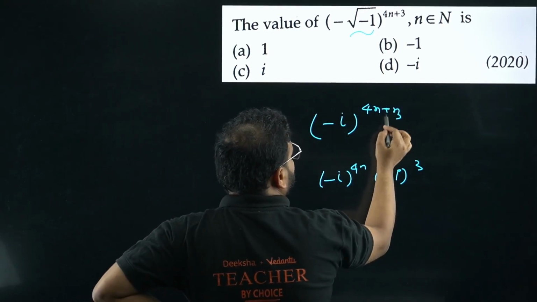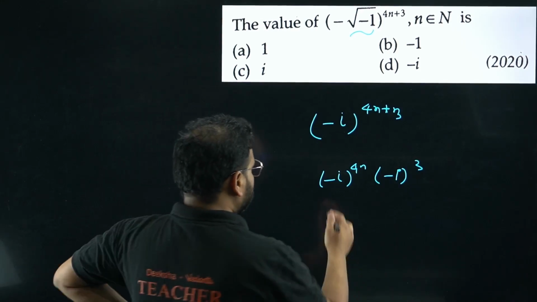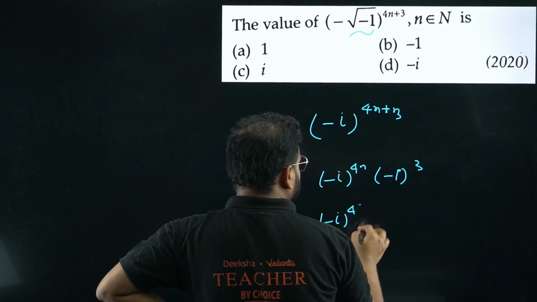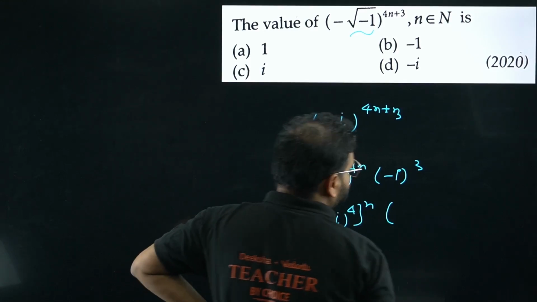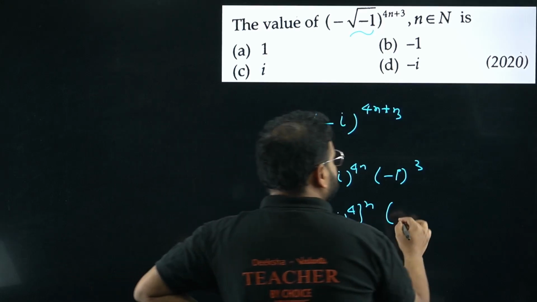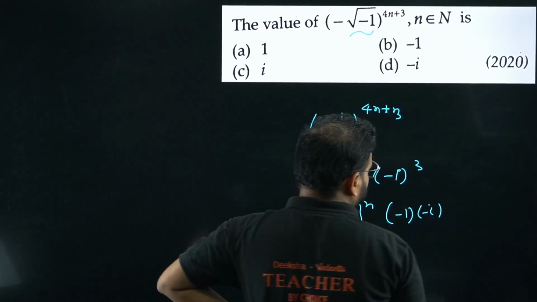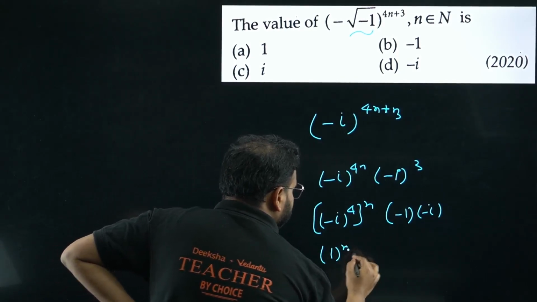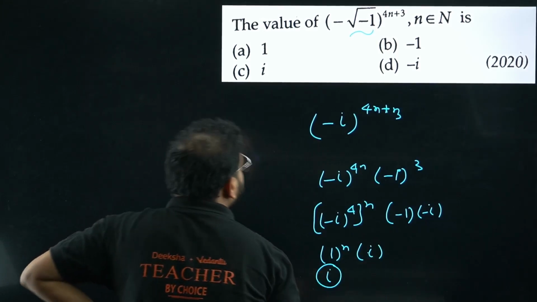It becomes (minus i power 4) power n, and we have minus i cube. Minus i the square will become minus 1, and into minus i, so it will be plus i. This becomes 1 power n into plus i. The answer will be simply i.